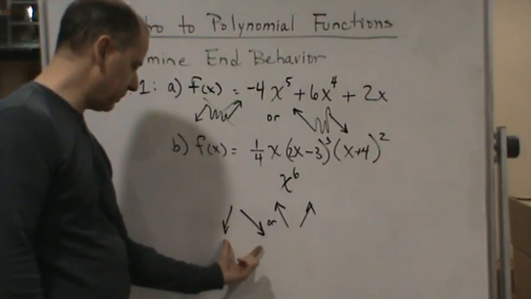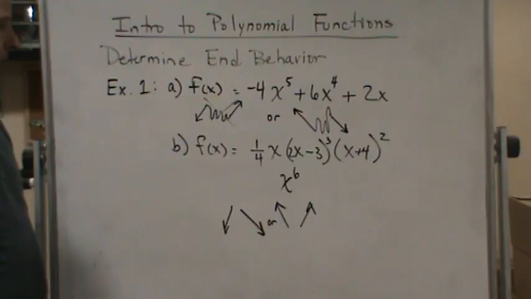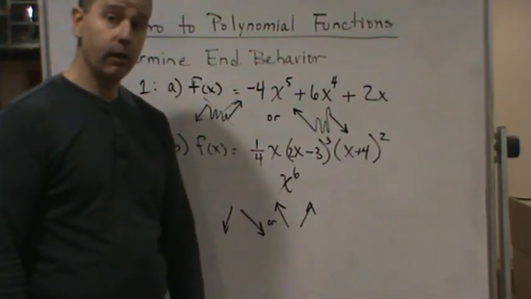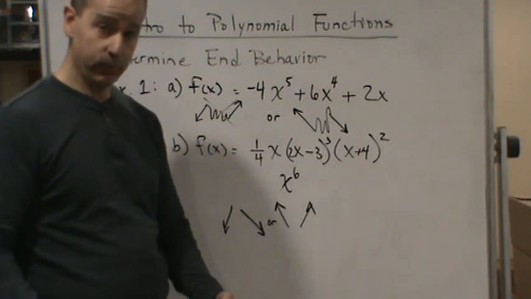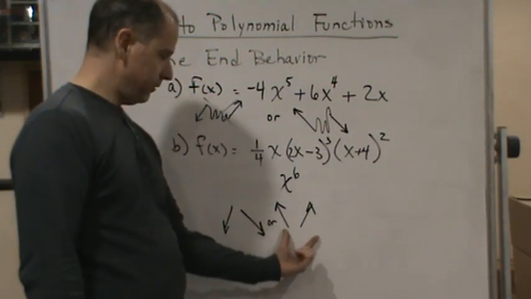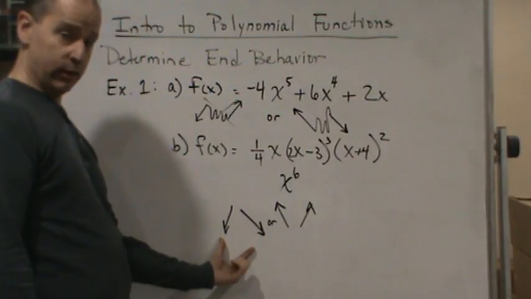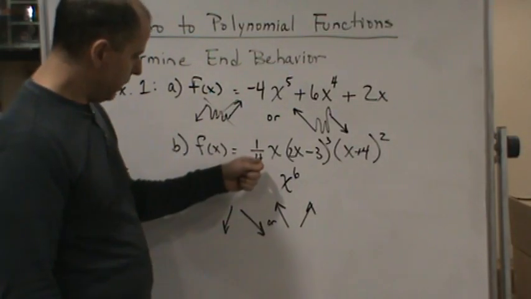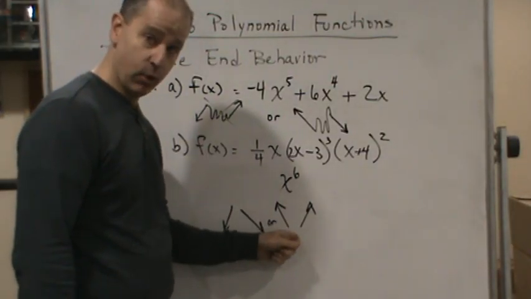So it's either going to look something like this or this. Now, this is where, again, the sign of the leading coefficient comes in. If it's positive, it's going to look like this. If it's negative, it's going to look like this. So in other words, since this is positive, we know the end behavior is going to look like this.